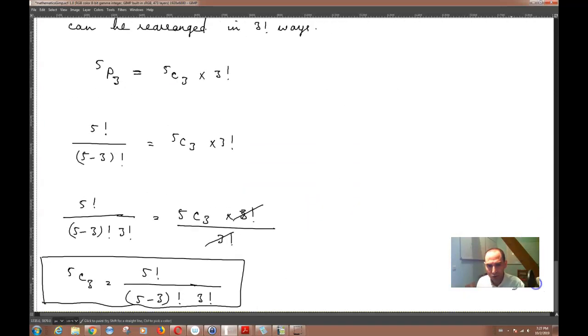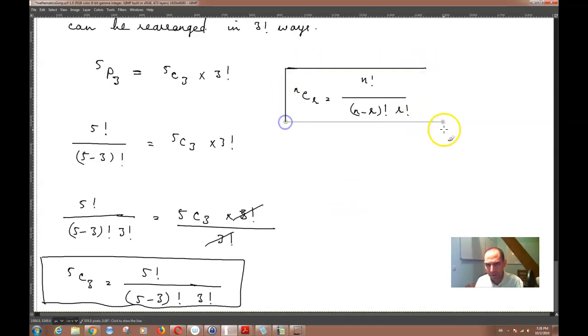So based on these two, it seems that the formula for n combination r can be written as n factorial over (n minus r) factorial times r factorial. That seems to be the case.